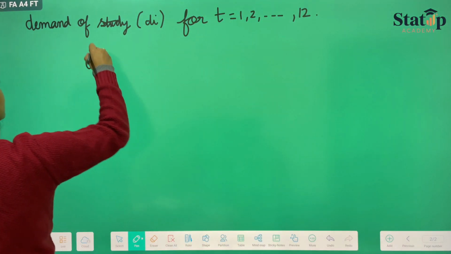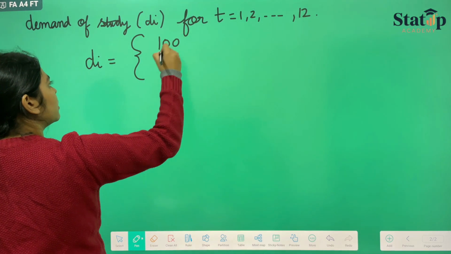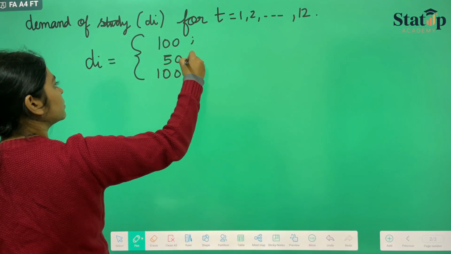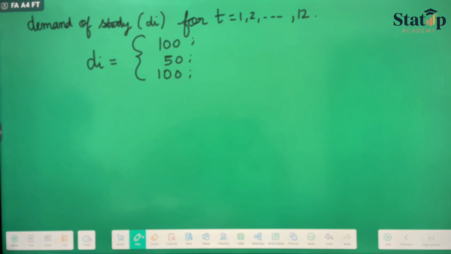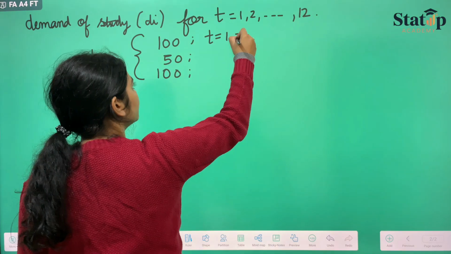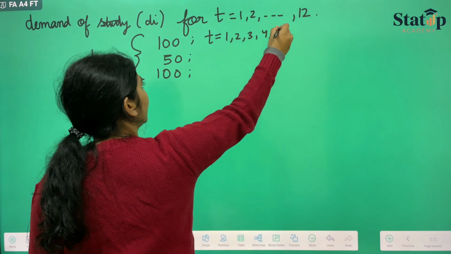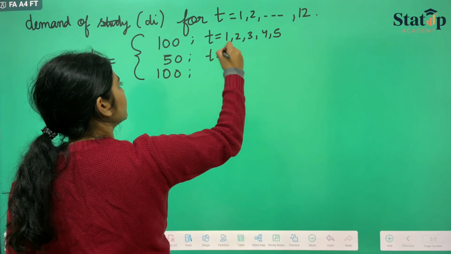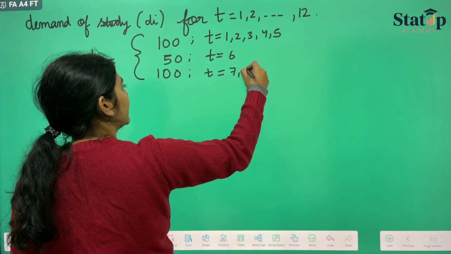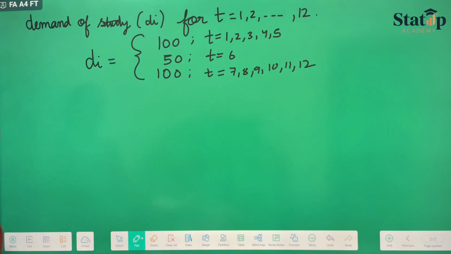The variable states that dt is equal to 100, 50 and 100. Where 100 is when t goes from 1, 2, 3, 4, 5, 50 is when t is equal to 6, and 100 again is when t is equal to 7, 8, 9, 10, 11, 12.